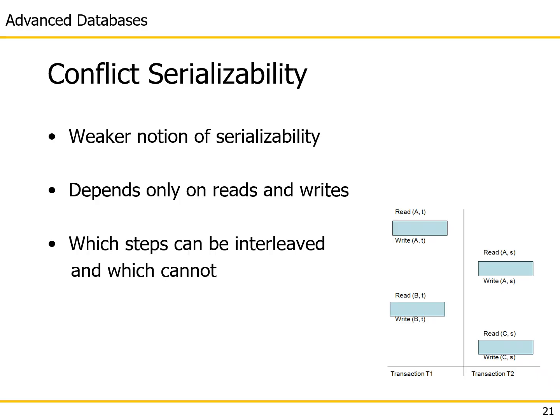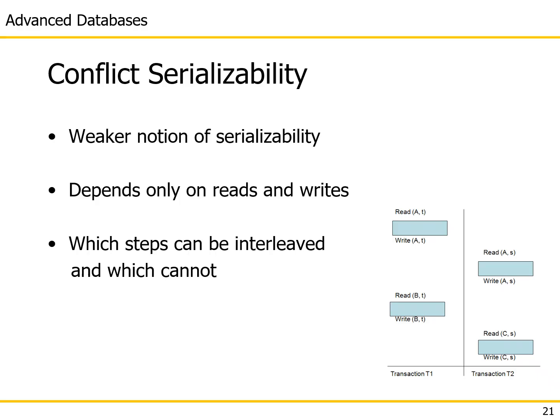The idea is to think carefully about steps that, if we change their order, the impact of this change will make the result not what we expect, versus steps, reads and writes, that we can flip or change their order without an impact on the final output. So we have two types of swaps, if you'd like.